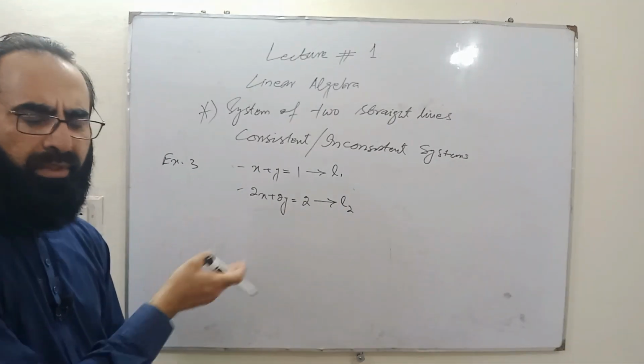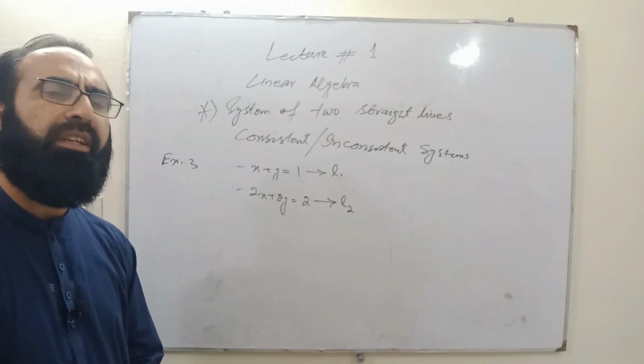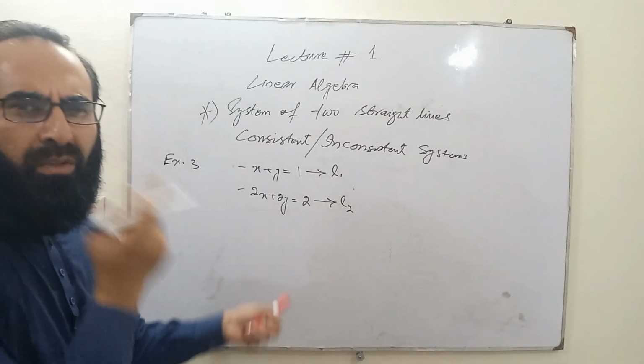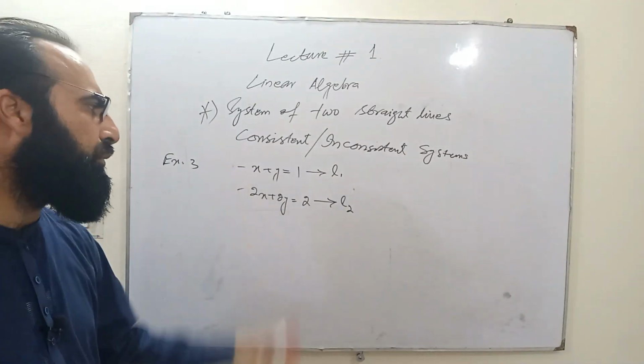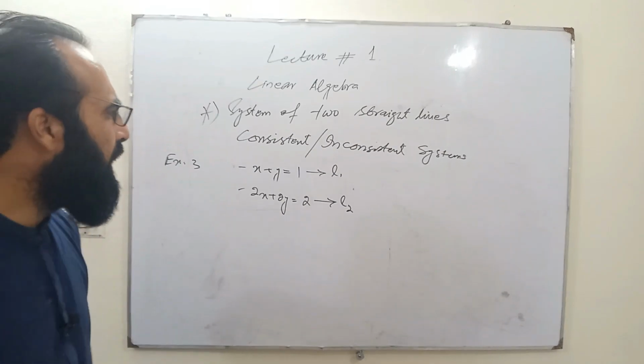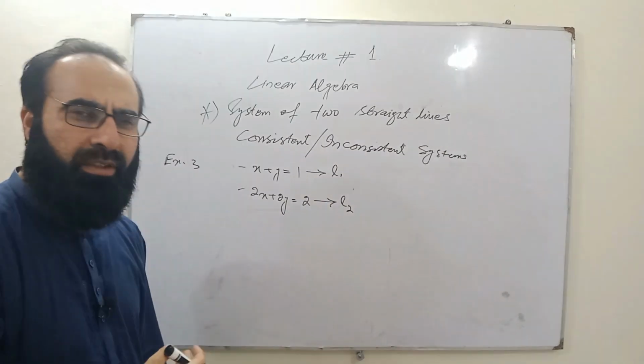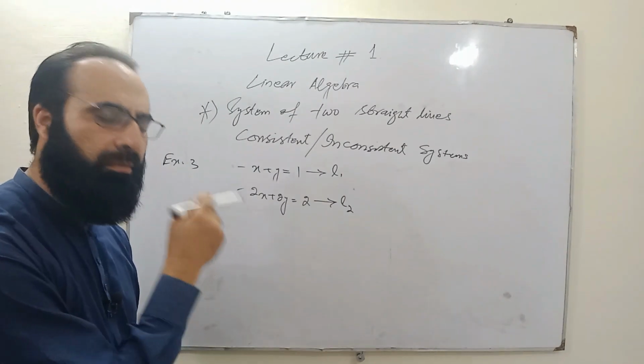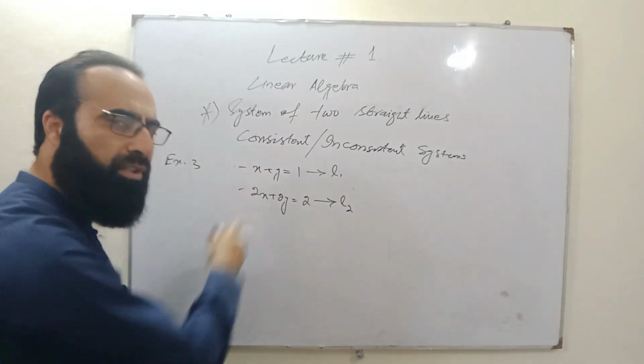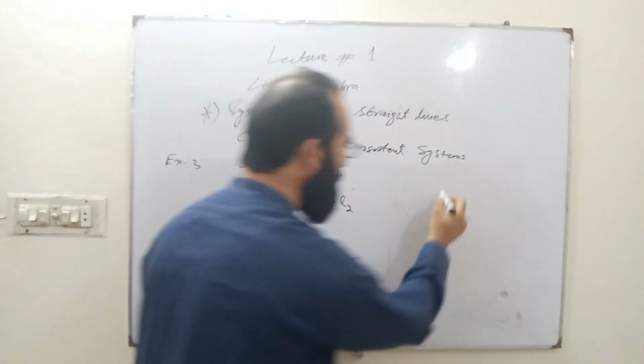By addition and subtraction you can find its solution, and later on we will discuss such types of solutions. Let's move towards the solution of this system consisting of these two straight lines graphically.